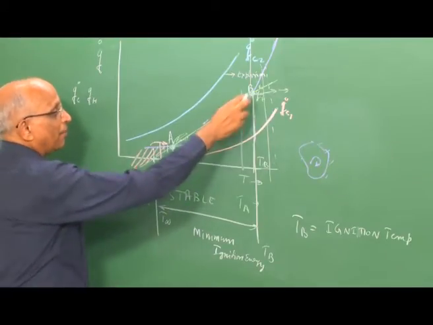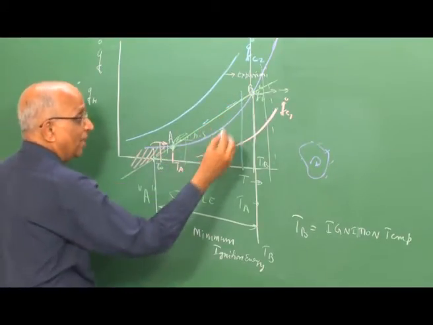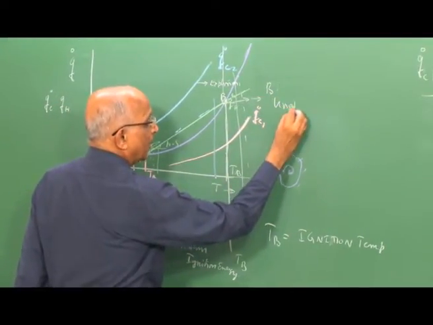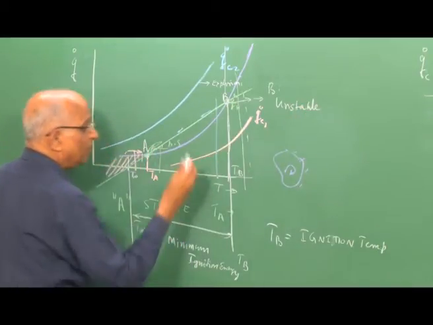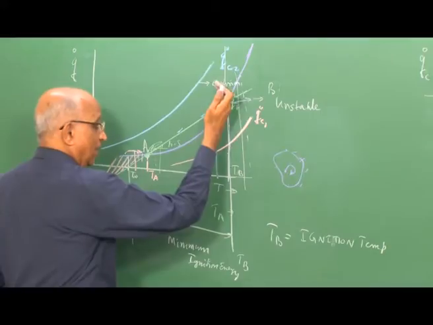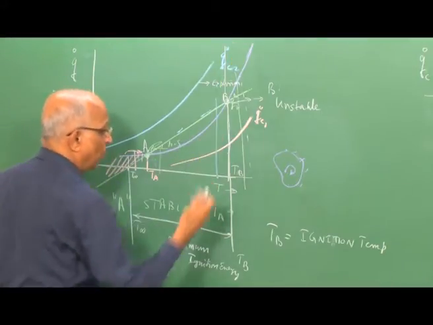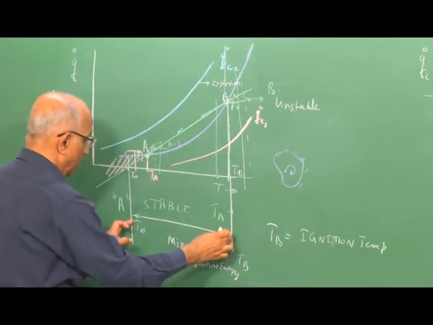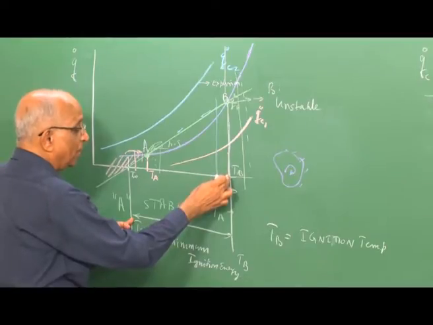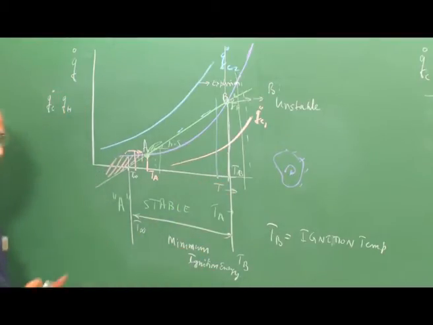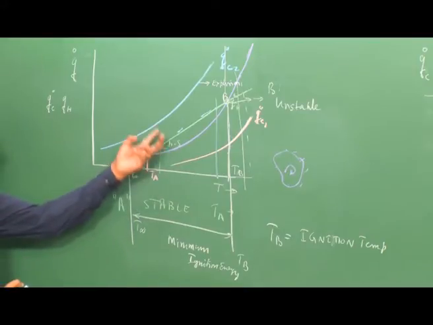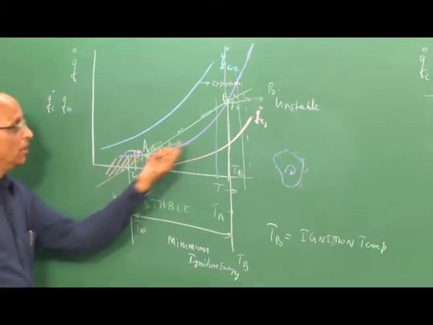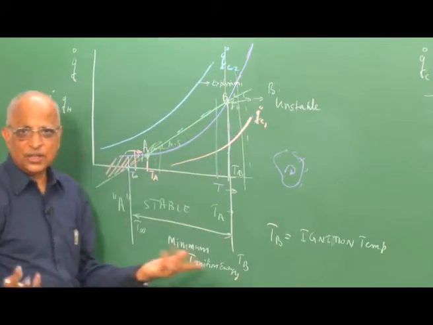We know we have to go beyond point B, which we can say, just like we say A is a stable point, B is an unstable point, and the unstable point corresponds to ignition, because anything to the right causes the chemical reactions to go faster, and therefore, I have to supply a minimum ignition energy to increase my temperature to a level beyond Tb, and therefore, this is my ignition energy. Therefore, on this curve of different heat release versus a given value of heat loss, we are able to see this point, namely point A, which is stable, and point B, which is unstable, or the ignition condition.